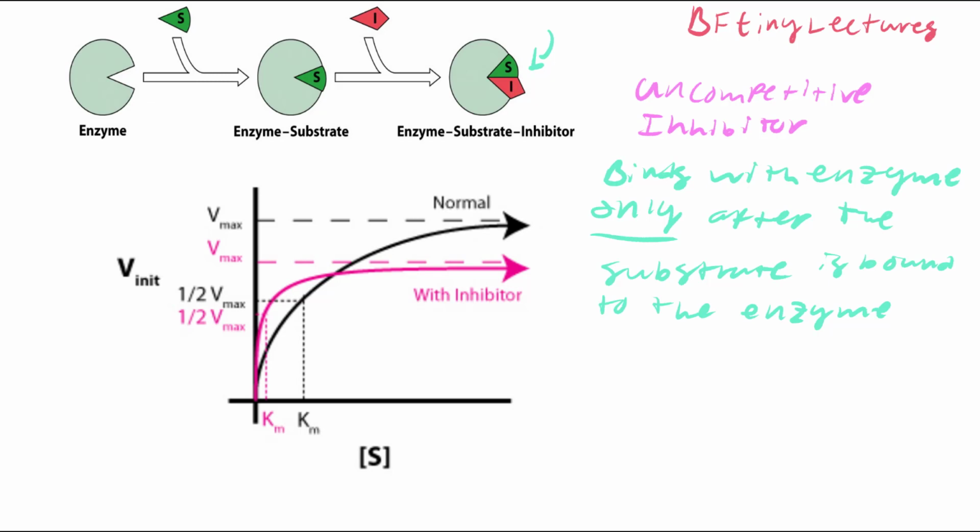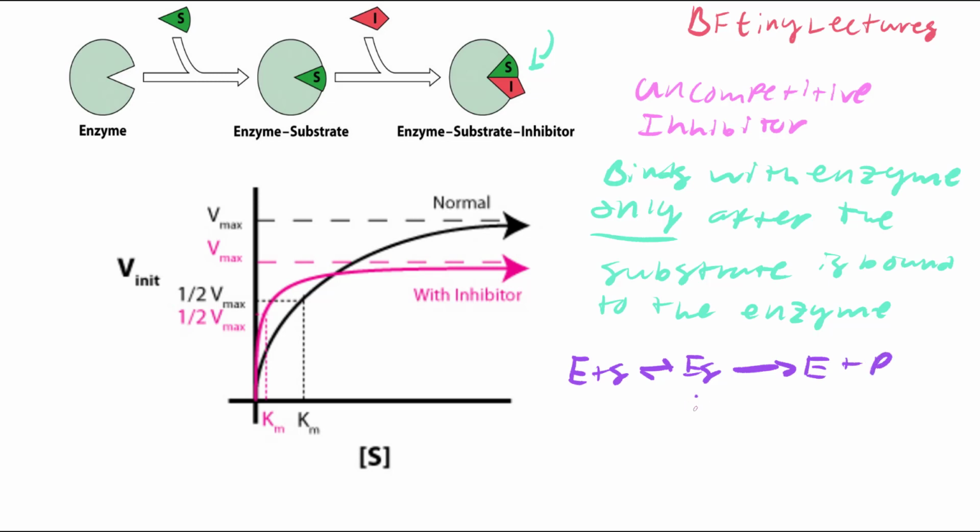If you want to see it as a reaction equation, you can put the E plus S can go to the ES complex, and we can also make the EP, the enzyme with the product.